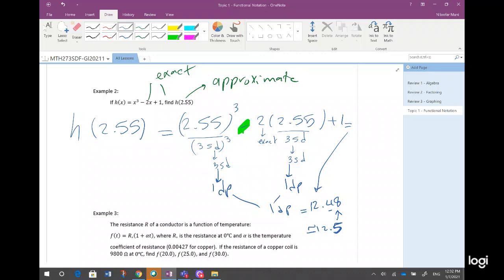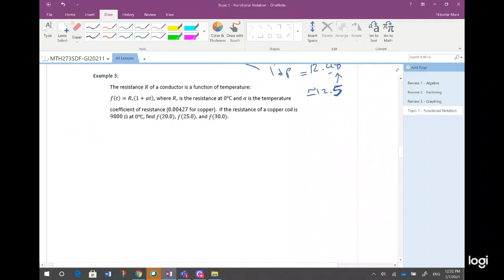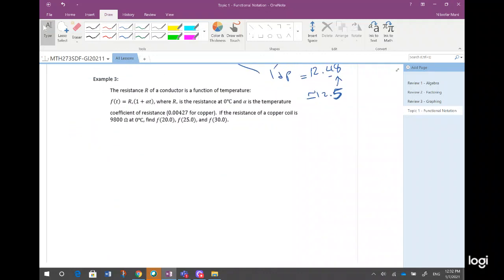Another example is like a word problem. The resistance R of a conductor is a function of temperature. So I can say f of t is R0 multiplied by 1 plus alpha t.